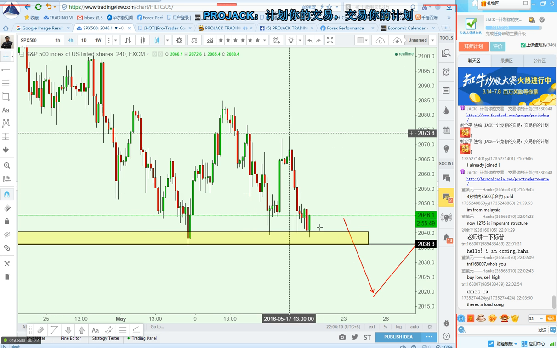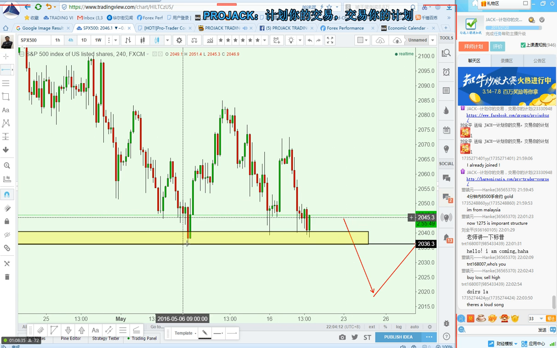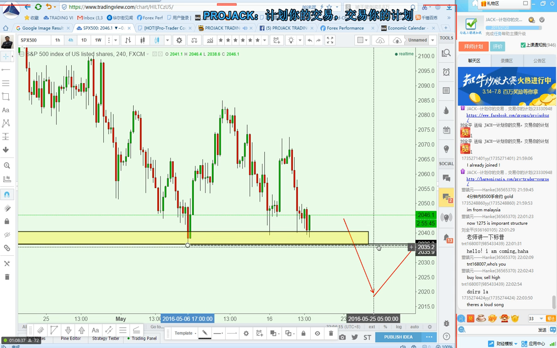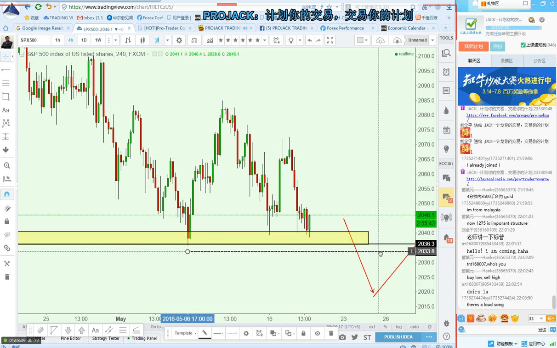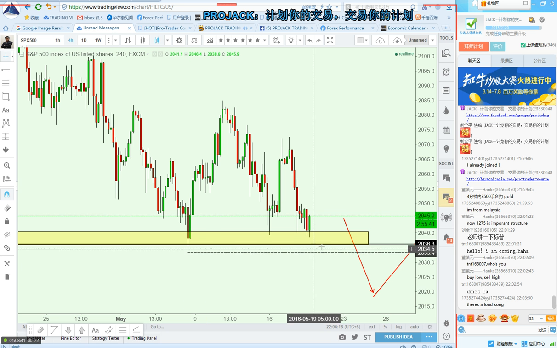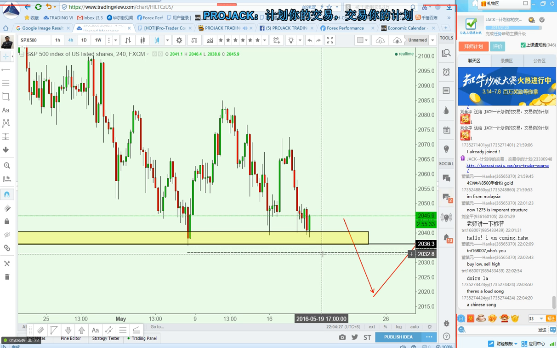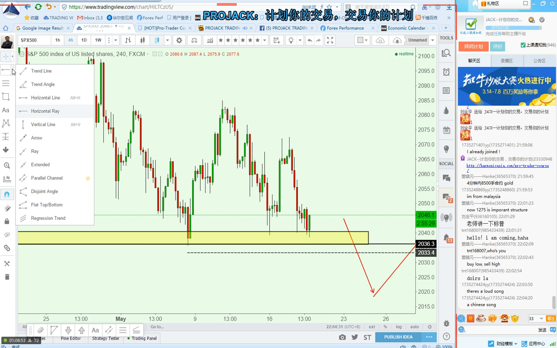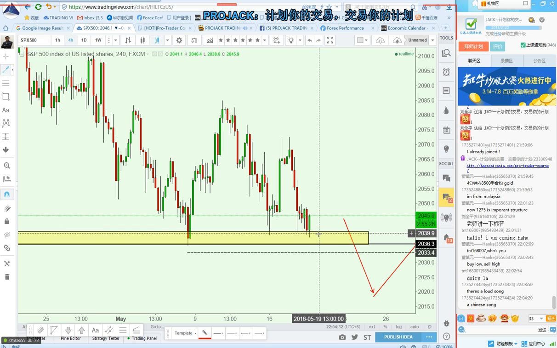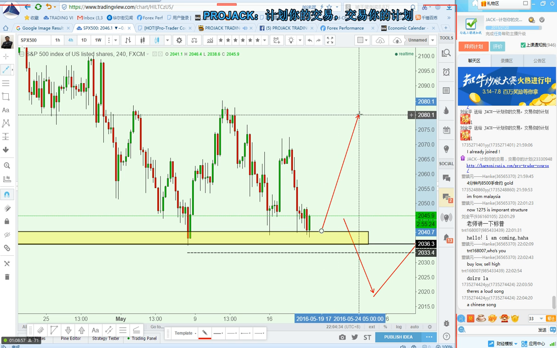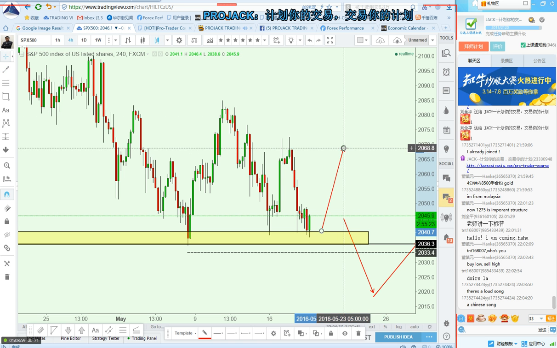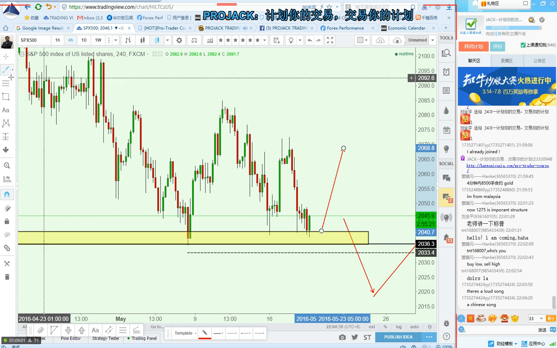The stop loss should be below this bar, below this lowest point, maybe 2033. Put some room here to make sure you will not be taken out by the spikes. So stop loss here, and your target, looking at maybe 2070 first.